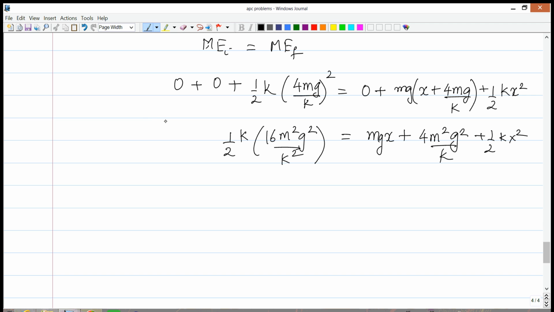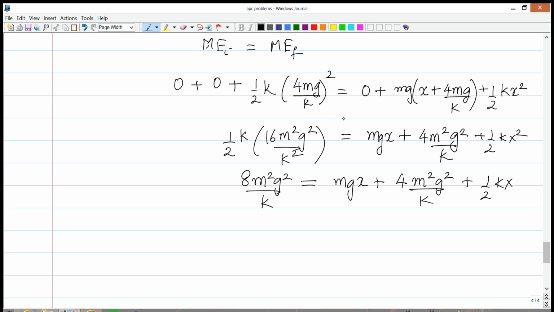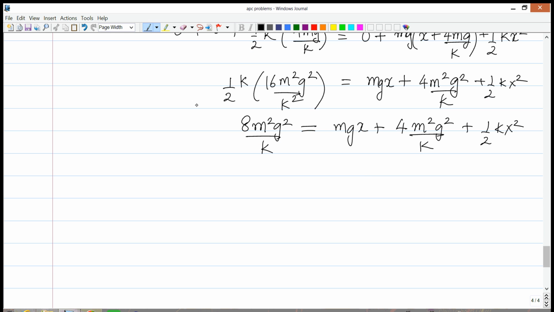Now I can simplify this and write this as 8 m squared g squared over k equals mgx plus 4 m squared g squared over k plus 1/2 k times x squared. Great. Now I can move the 8 m squared g squared over k to the other side, and I rewrite this as 0 equals mgx minus 4 m squared g squared over k plus 1/2 k x squared.